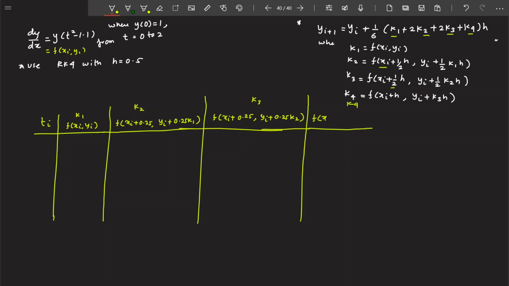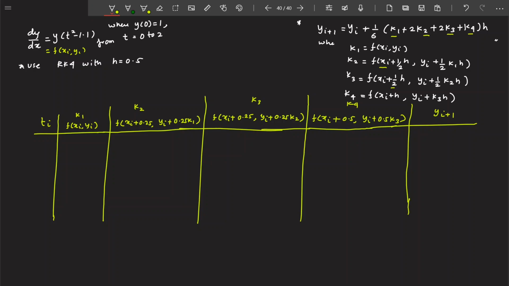K4 is f(xi plus h, yi plus h k3), where h is 0.5. Then once you find out k1, k2, k3, k4, the next is going to be yi plus 1.